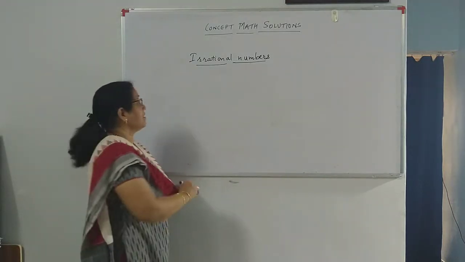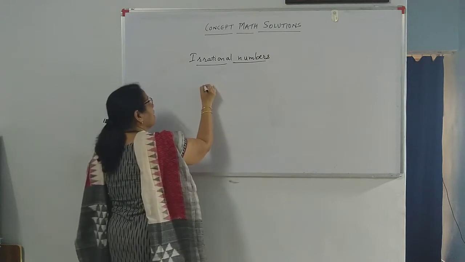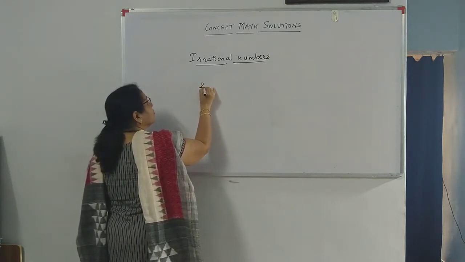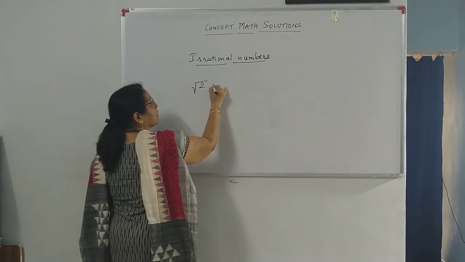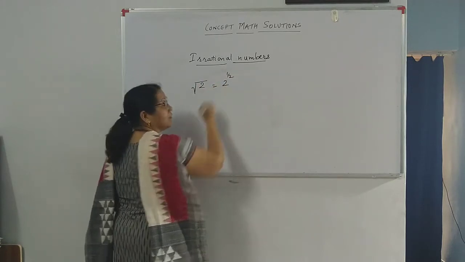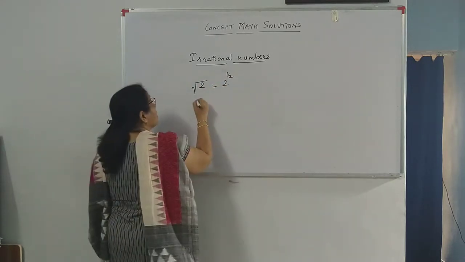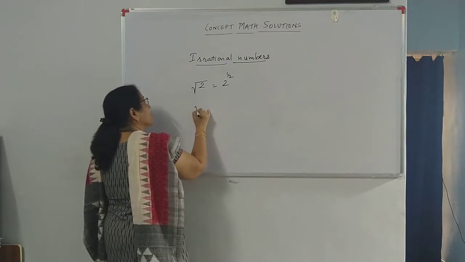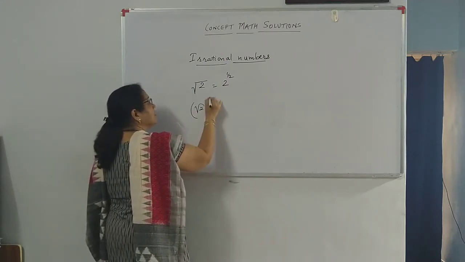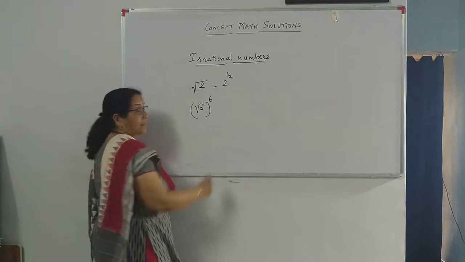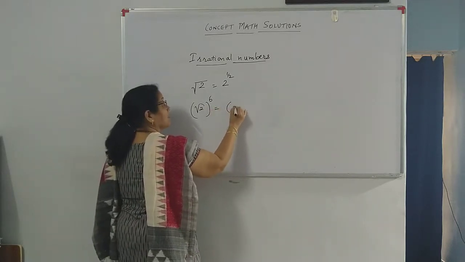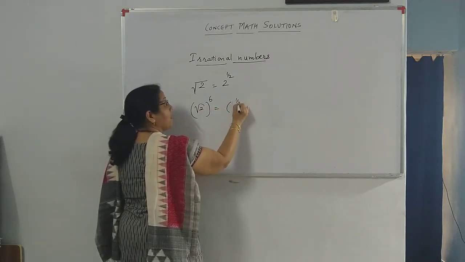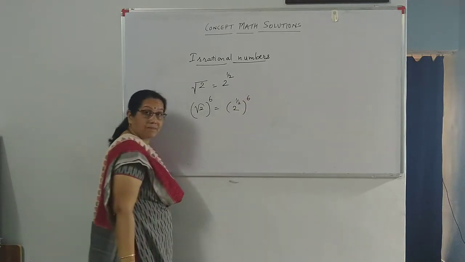First important thing is, if I have root 2, it means 2 to the power half. If it is root 2 to the power 6, let's see what it becomes. Root 2 is 2 to the power half, 2 to the power 6.